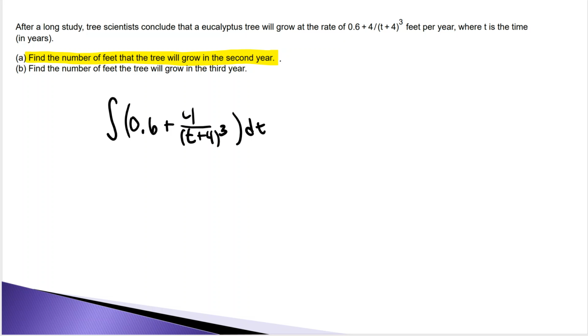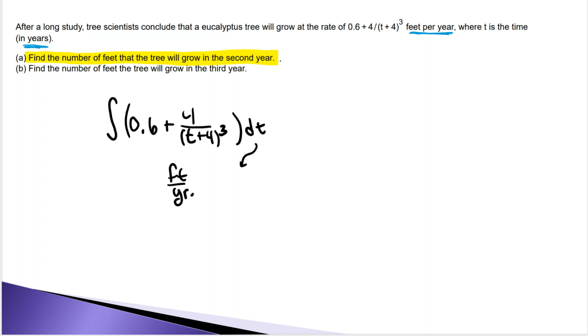But here's what I want you to see, is that the units are going to tell you in a real life problem what to do. Notice this is in feet per year, and t is in years.